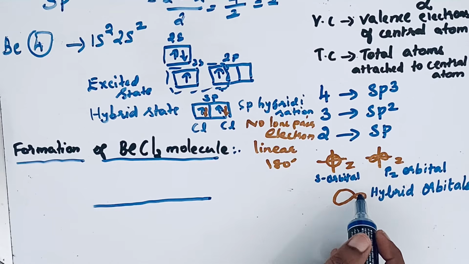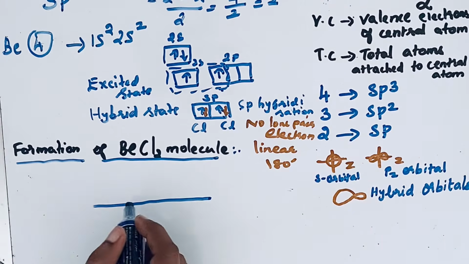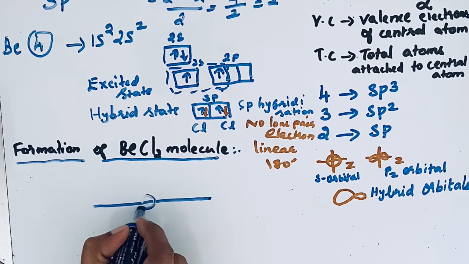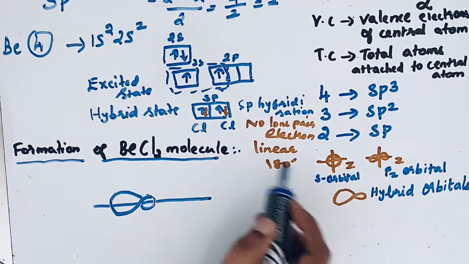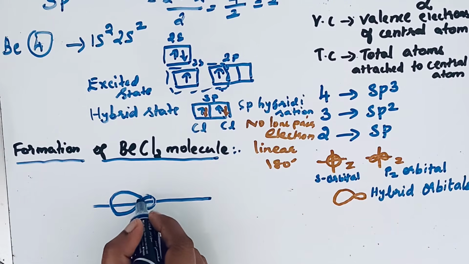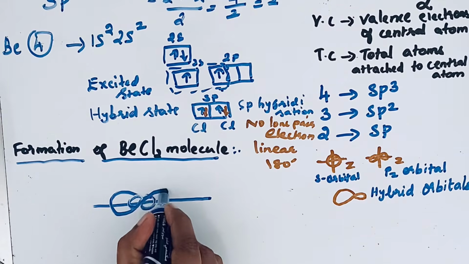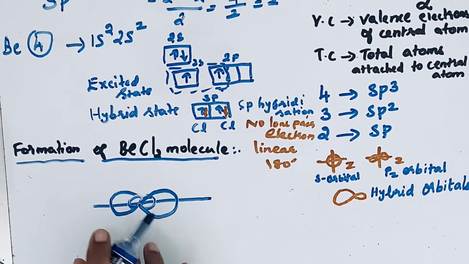So in the BeCl2 molecule, we have 2 hybrid orbitals. So first we draw one lobe small and another lobe bigger. The same way we have the 2 hybrid orbitals, so one lobe is small and another lobe is bigger.